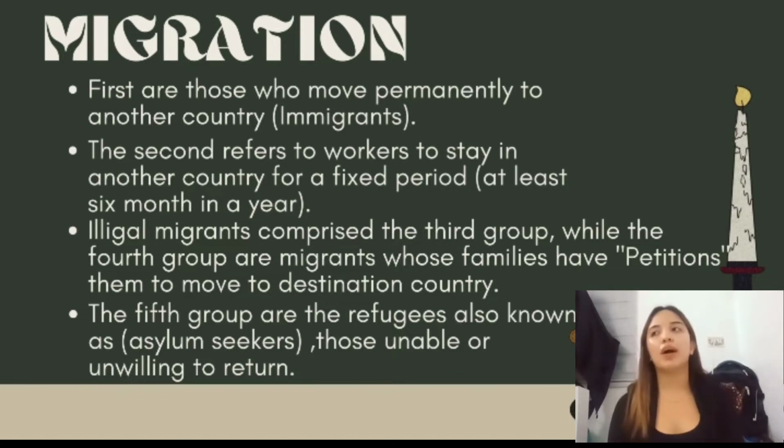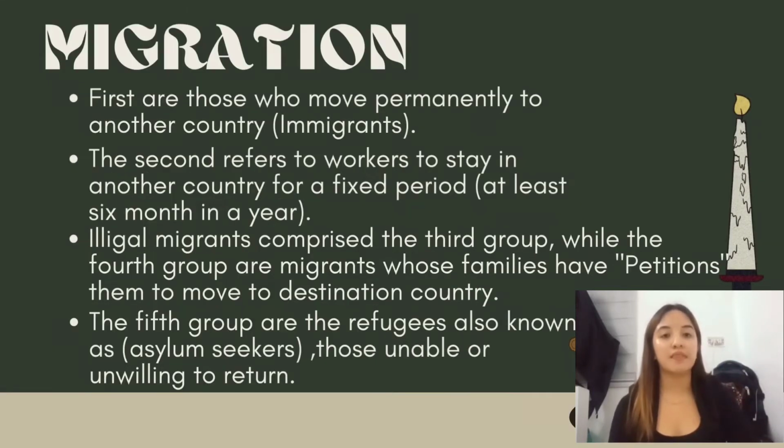These are people who were forced to move to another country because of race, religion, nationality, or war, like in Serbia, where there was war and they were forced to move to another country. That is called refugees or asylum seekers.